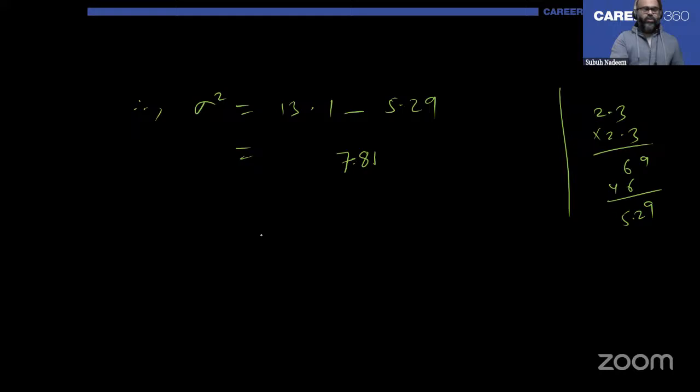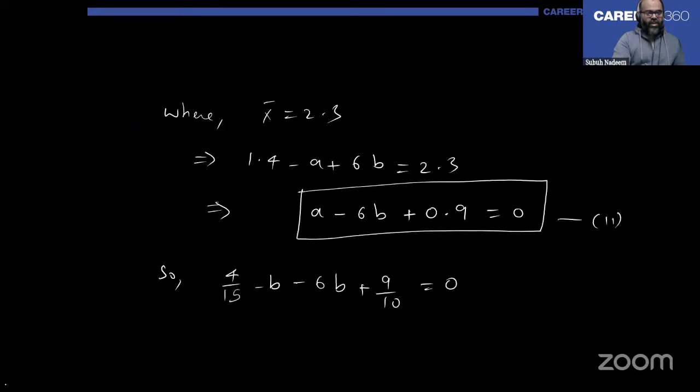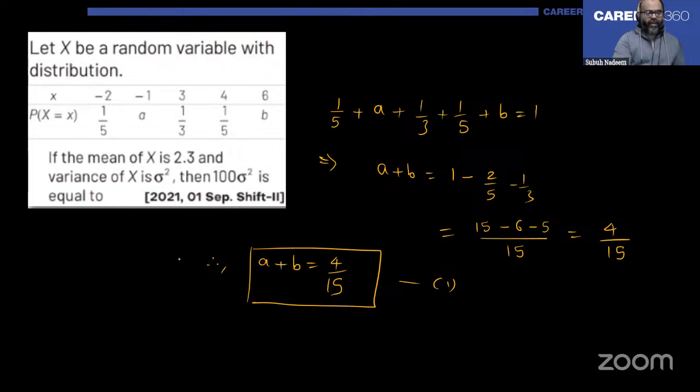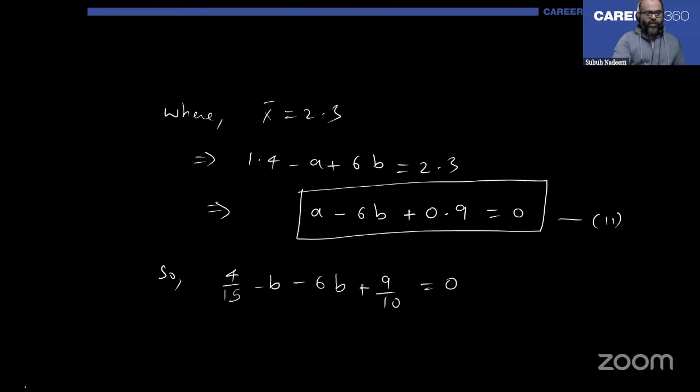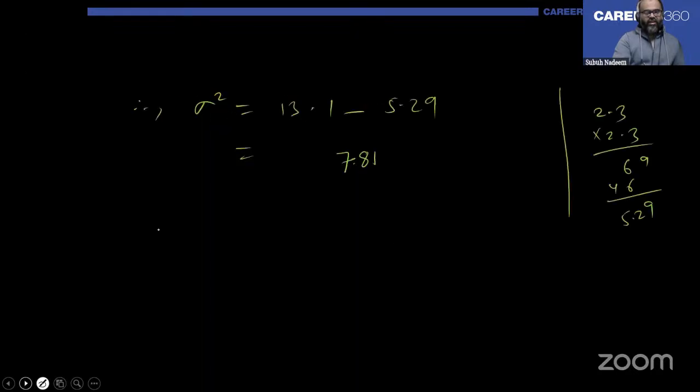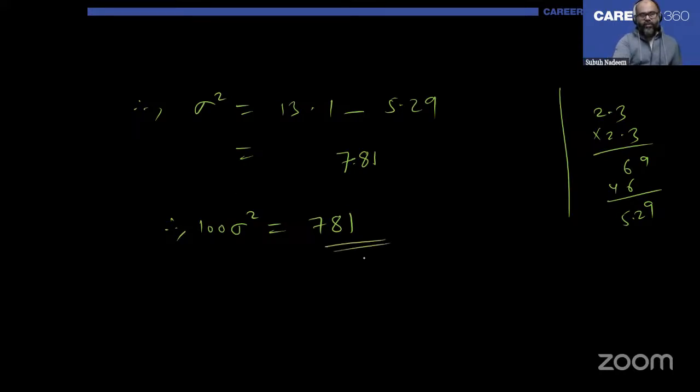So this is sigma square, that is the variance. Now they are asking what is 100 sigma square. That will be equal to 781. So this should be the answer. Let us see. Yes, our answer is correct. It is 781. So this will be your final answer.